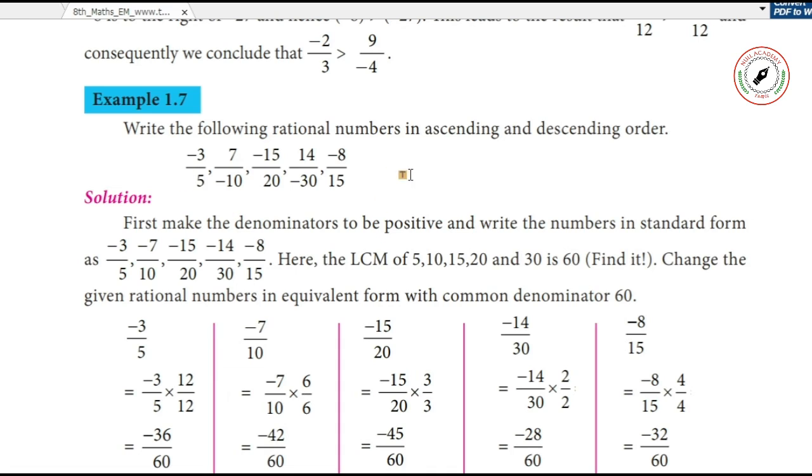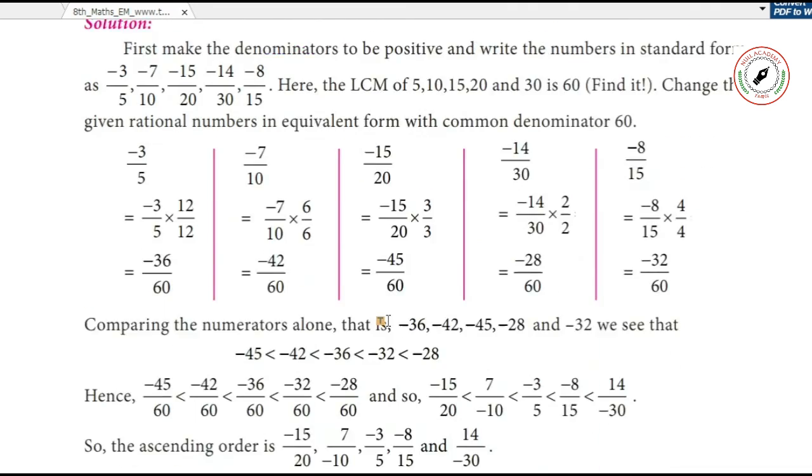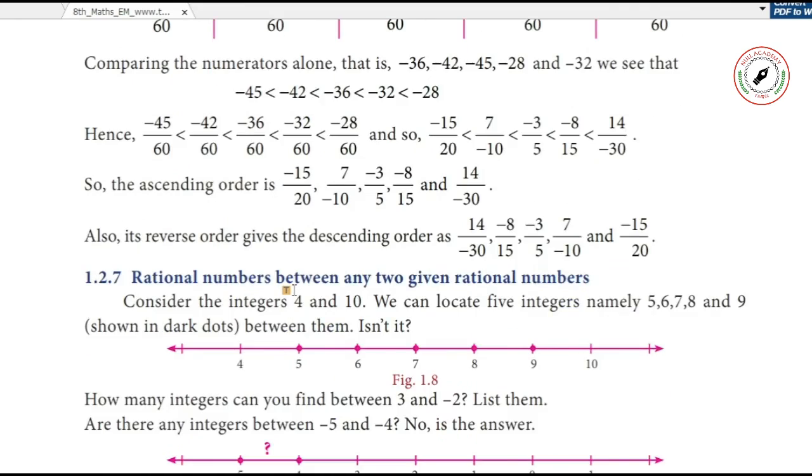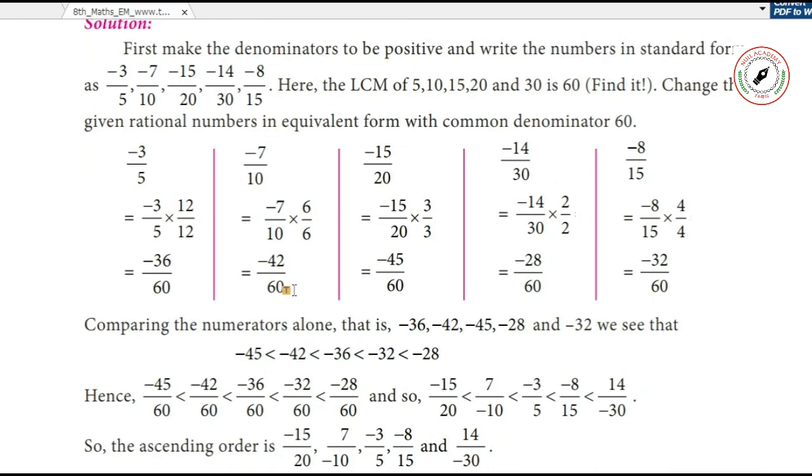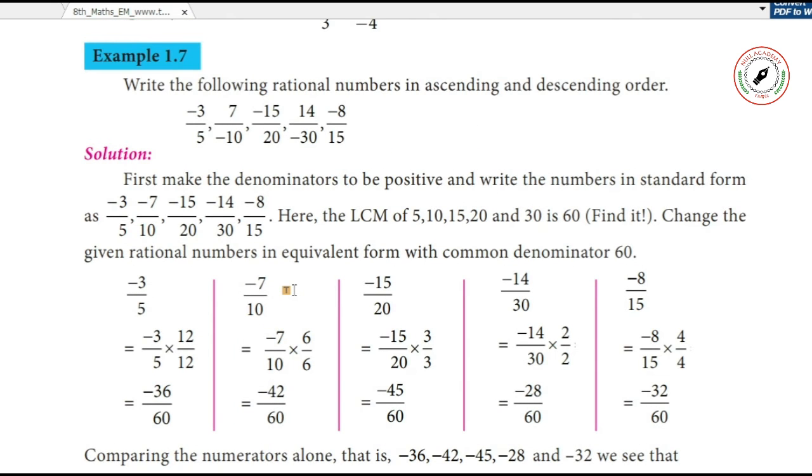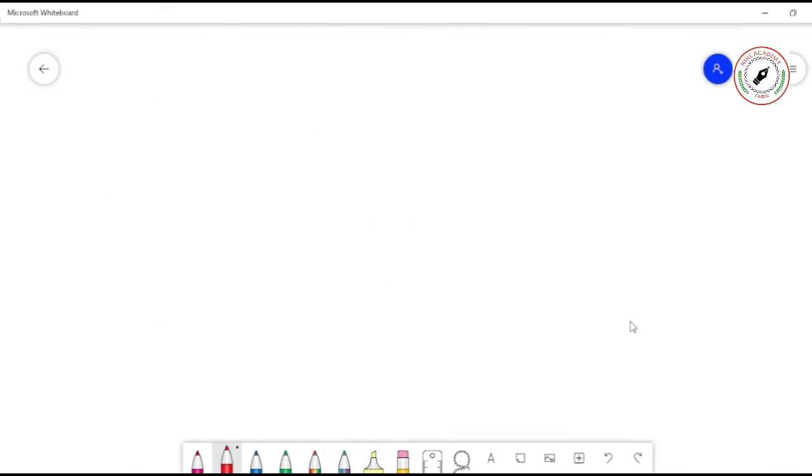For all these denominators, you have to find the LCM. Shall we do this one? This looks very big, but it is very easy. We will do that in a shortcut method. Come, we will do this example exercise. First, you tell me the numbers. We will do it one by one.